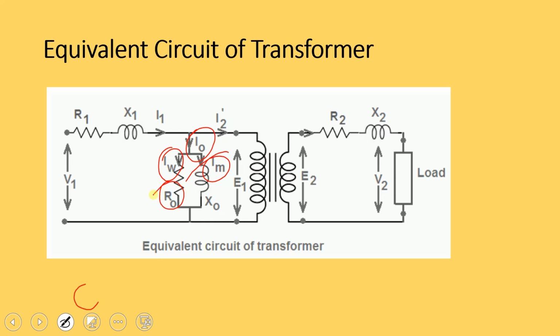So just to tell you why we are considering this R naught and X naught. This is because of the no load components, because no load current is divided into two parts, IM and IW. IW is also called IC, the core loss component, and it is due to this R naught.